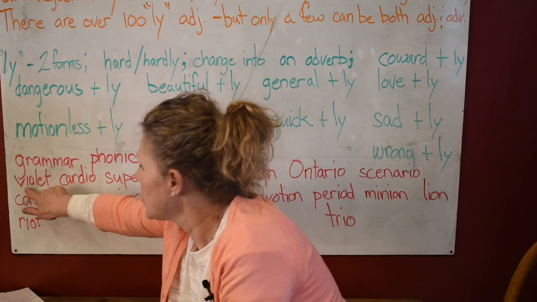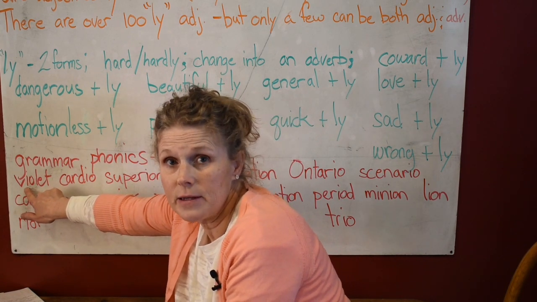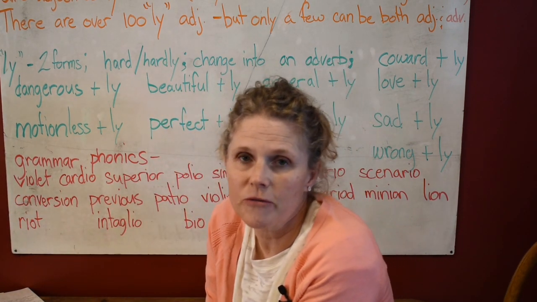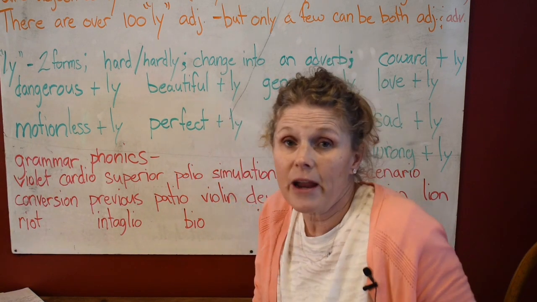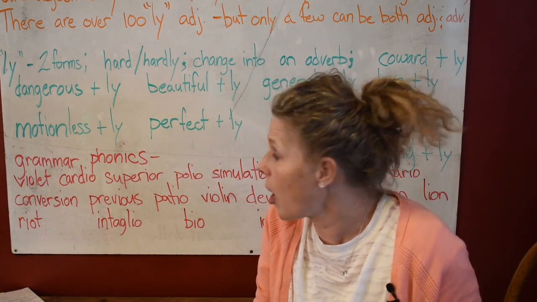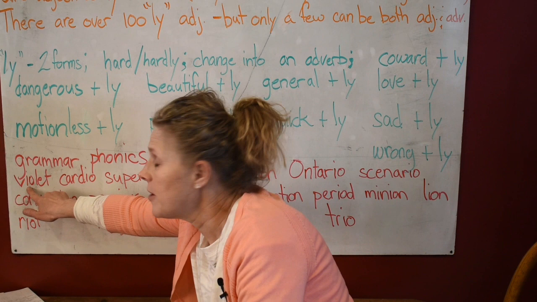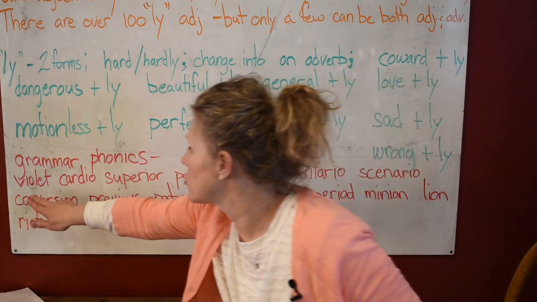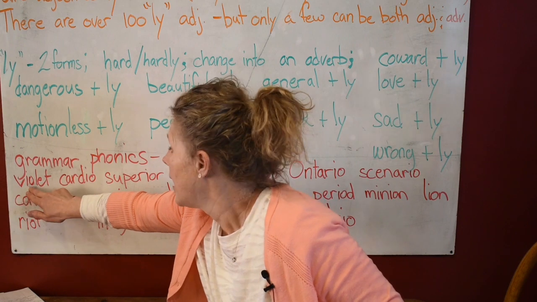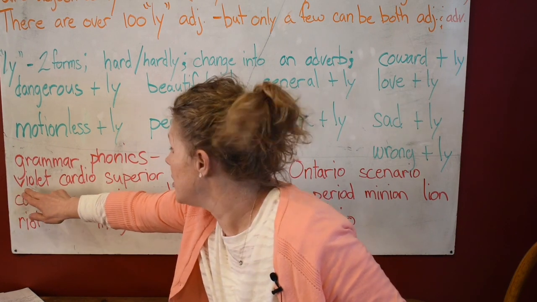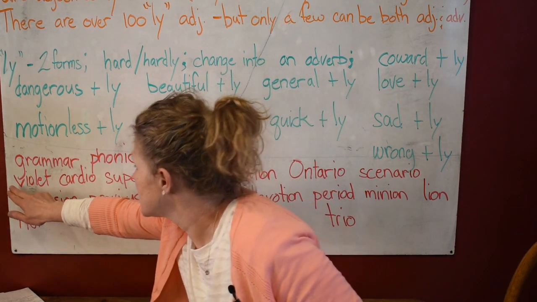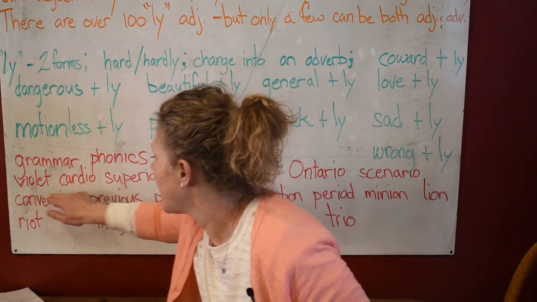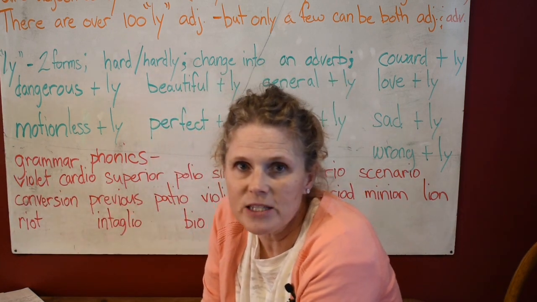Violet. But this is not saying E. It's because it starts the beginning of the word. Now, not every word is going to be like that, but oftentimes, if the I is the very first syllable, it's going to say I. And it's not going to say violet. This says violet. Violet. So when you say it nice and fast, it will say violet.